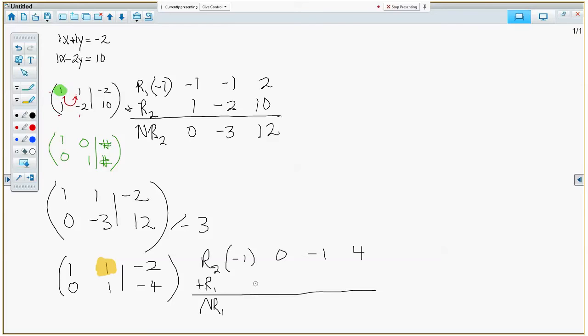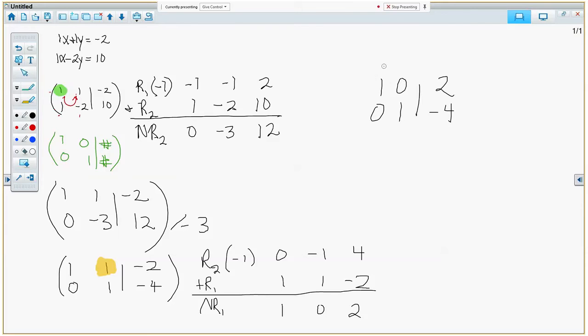Now I'm going to add 1, 1, and -2. 0 plus 1 is 1. -1 plus 1, hey, there's our 0. And 4 minus 2 is 2. So now our final matrix is 1, 0, 2, 0, 1, -4.